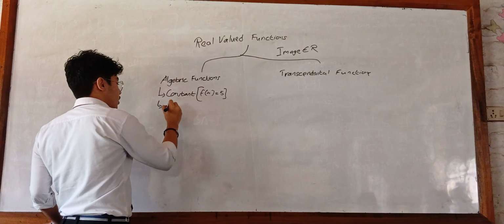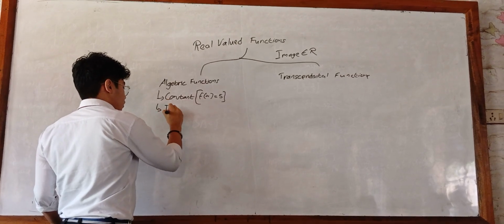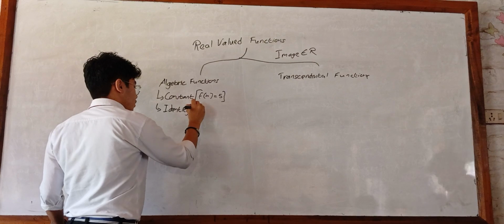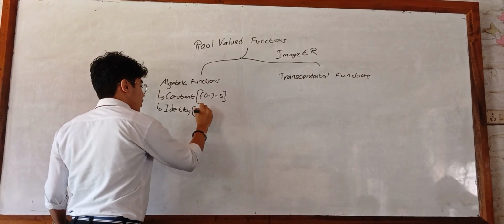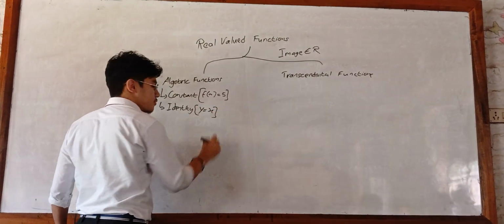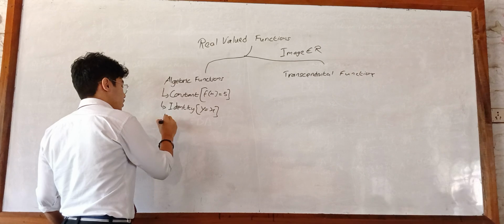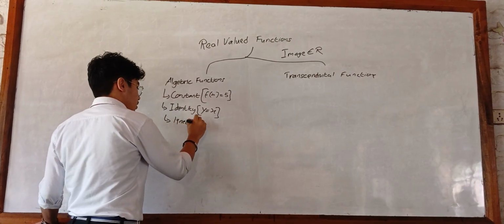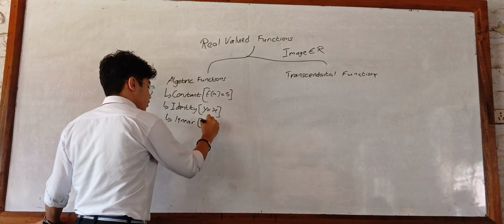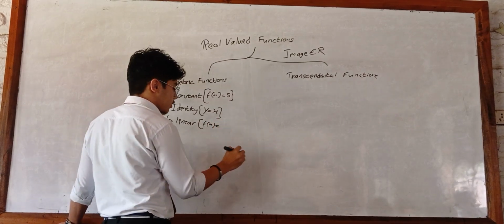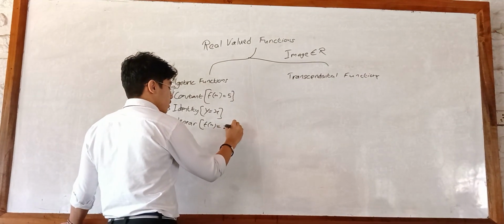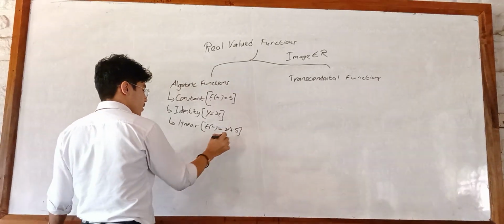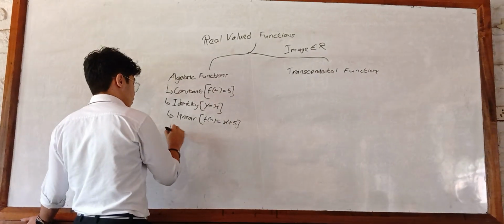The other types are identity, which is y equals x, so it gives the same value as the pre-image. Linear function gives an equation where the power of x is always 1.